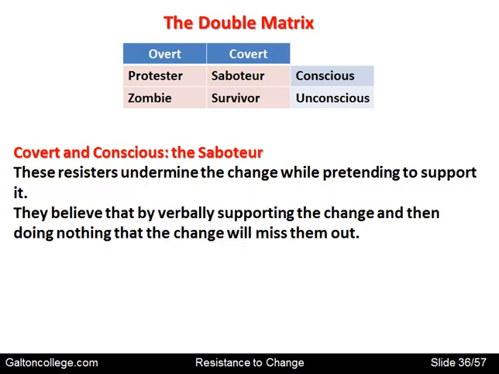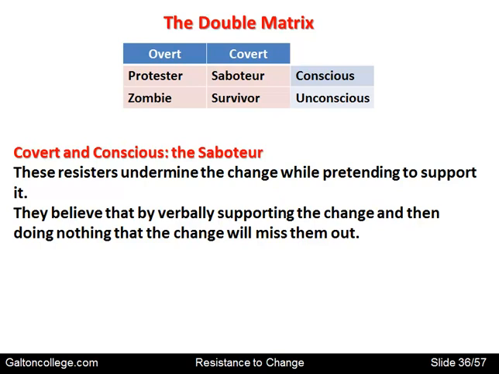They believe that by verbally supporting the change and then doing nothing, the change will miss them. Often people hope that by supporting the change openly and saying yes, yes, yes, but not doing anything to implement or bring about the change themselves, somehow the change will either go away, or it won't be implemented, or somehow it will be implemented, but they themselves will be left so that they can carry on with what they were doing before.